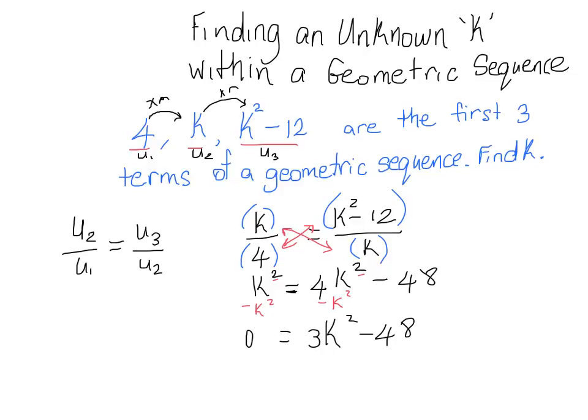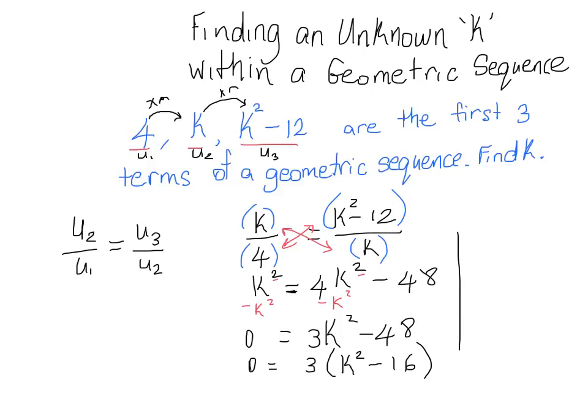So from here, there is a common factor of 3, which we can take out, and we get 3 times k squared minus 16 is equal to 0. From this point, we can now do the difference of two squares.